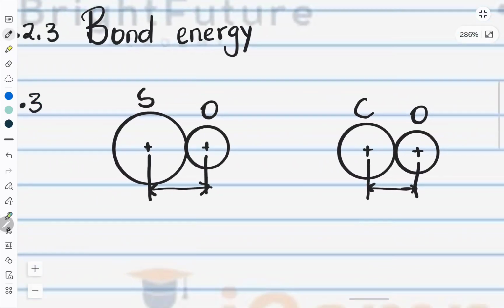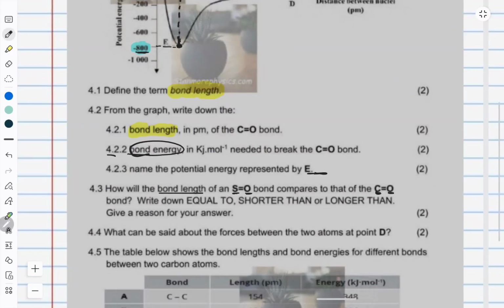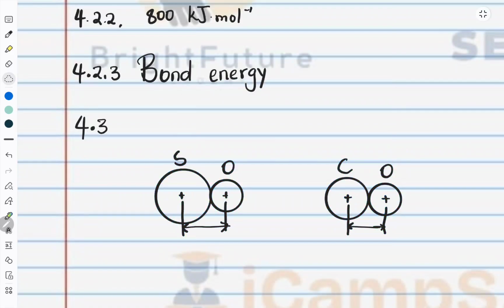So for sulfur to oxygen, the size is larger, and for carbon to oxygen, it is a bit smaller compared to sulfur to oxygen. So for that reason, what was the question? The sulfur to oxygen bond will have a longer than, let's start there, longer than.